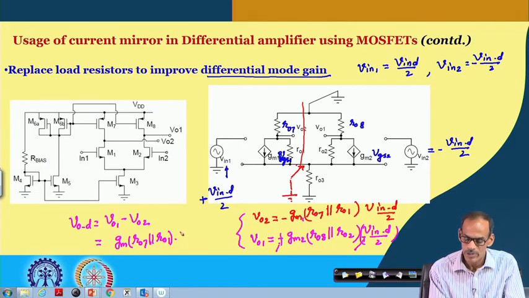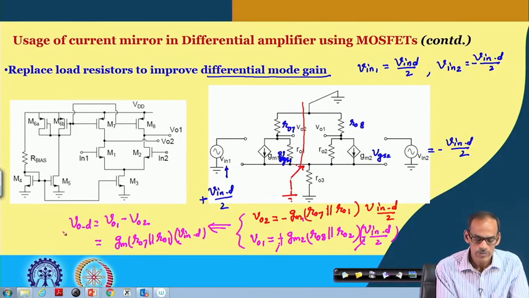So, this multiplied by Vin D, and from this you can get the differential mode gain equals gm into RO7 in parallel with RO1.